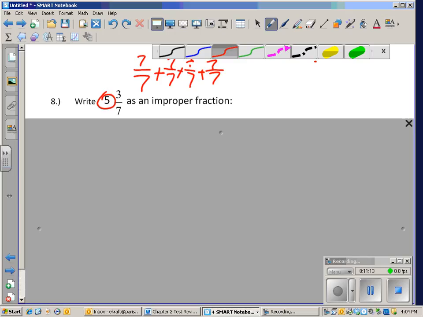So 7/7 is 1. And 7/7 five times is equal to what? 7 times 5 is 35. So it's 35/7 is what you're saying, right?